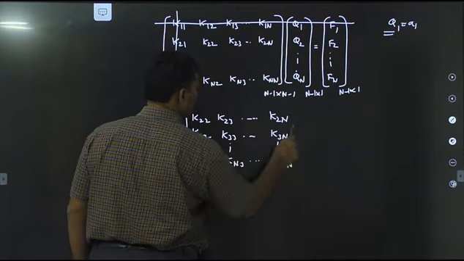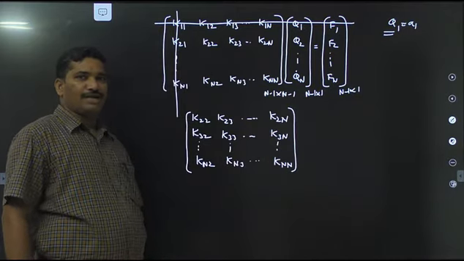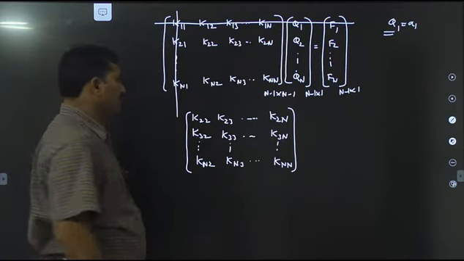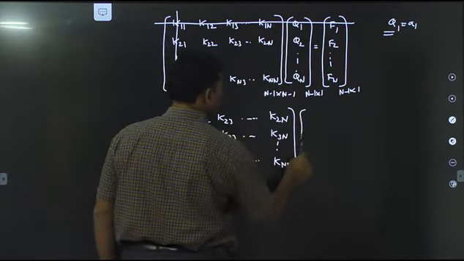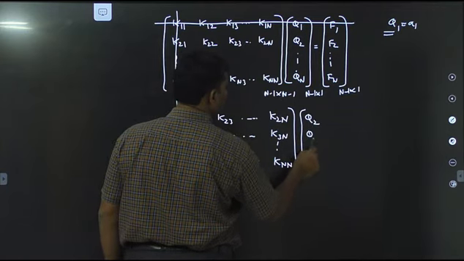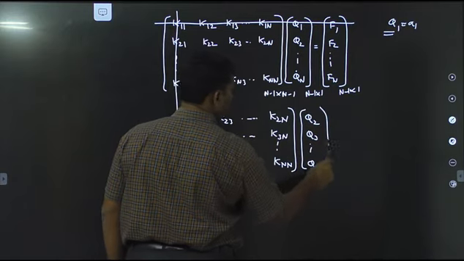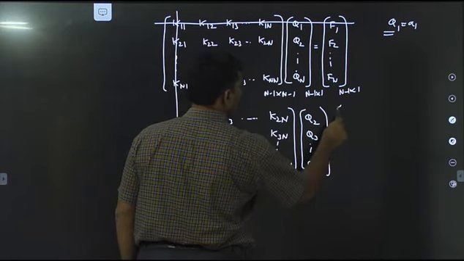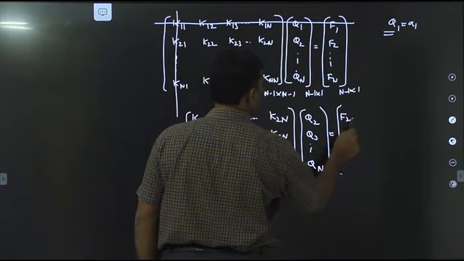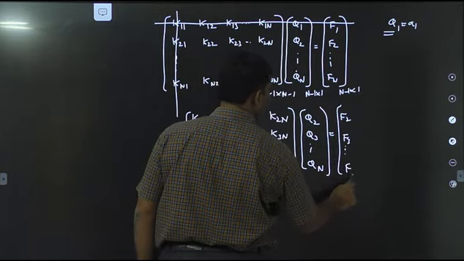Remember, this is the reduced global stiffness matrix, or you can say the reduced structural stiffness matrix, into Q2, Q3, and so on, ending with Qn, which equals, again, F2, F3 and so on, ending with Fn.